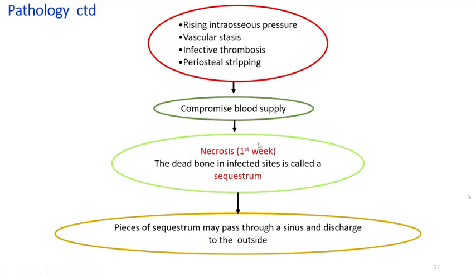Remember that term. The sequestrum is the necrotic bone. And pieces of this necrotic bone may pass through the sinus and discharge through the skin surface sometimes. This dead bone particle can be found at the wound debridement site.